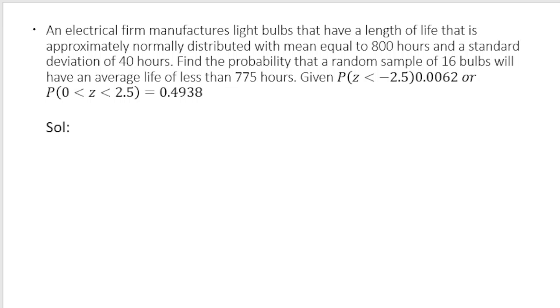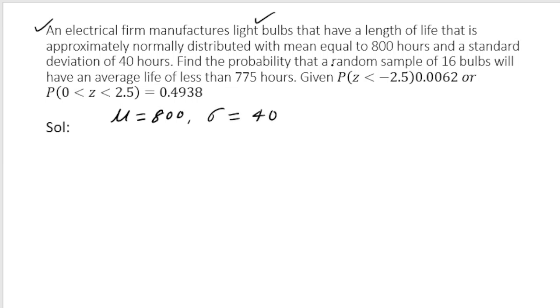So next problem. An electrical firm manufactures light bulb, again light bulb, that have a length of life that is approximately normally distributed. So original random variable is also normally distributed, whose mean mu is 800 hours and a standard deviation sigma is equal to 40 hours.